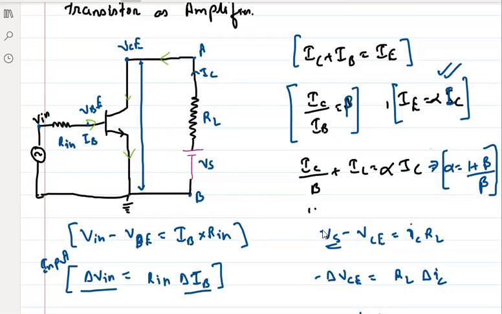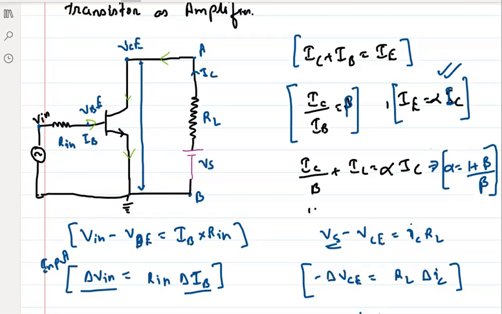Now, if I want to find the change, since delta VS will be 0, can I say that minus delta VCE is equal to RL into delta IC? Step by step. Till this point, it is easy.